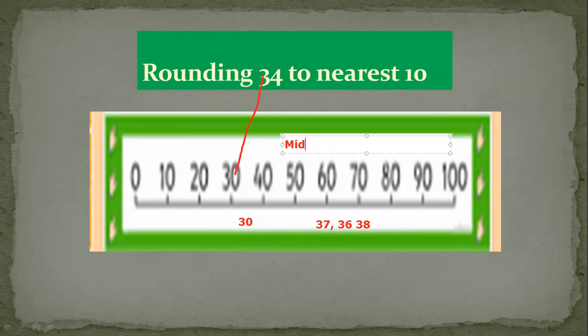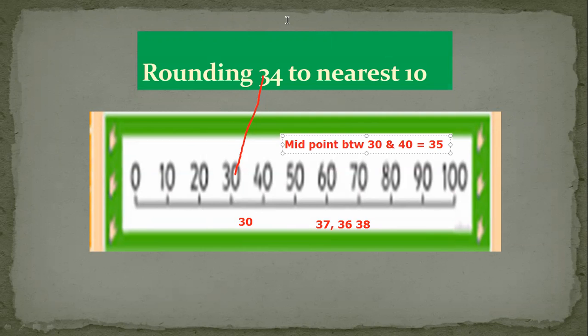The midpoint between 30 and 40 equals 35. The number we were rounding is 34, so 34 is less than the midpoint between 30 and 40. So we are going to round it to 30.